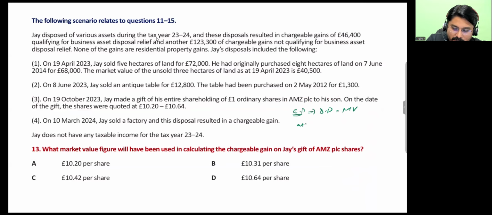For finding the market value of quoted company shares, there are two methods: the average of ask and bid price, and the half of bid price. You can use either method, and both give the same value. So if you remember this, you can easily solve.